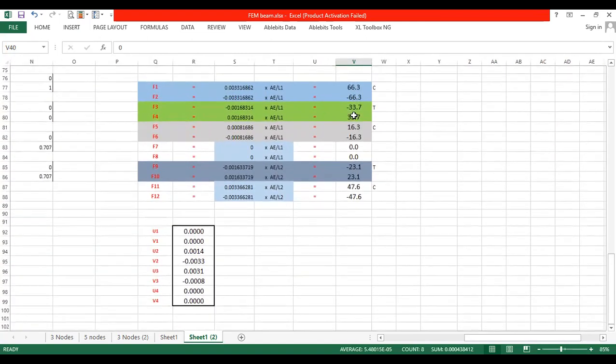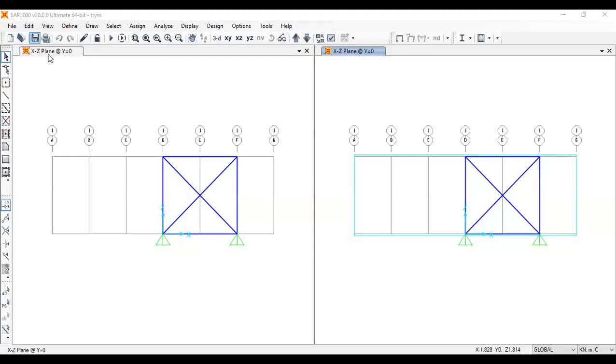So I'll keep this 66, so everything like here, right? I'll go to the SAP, right?